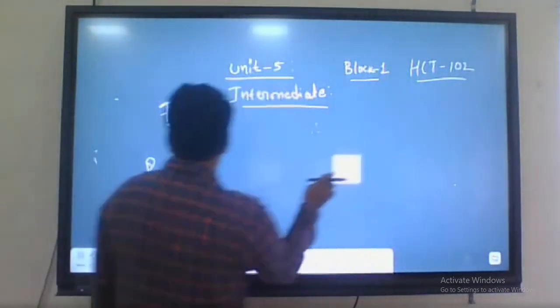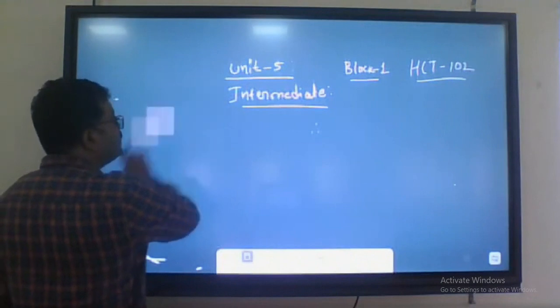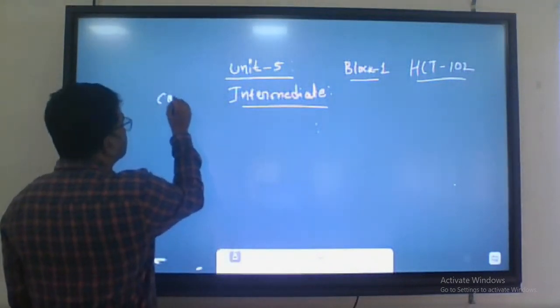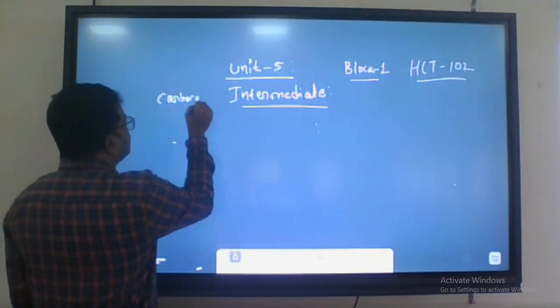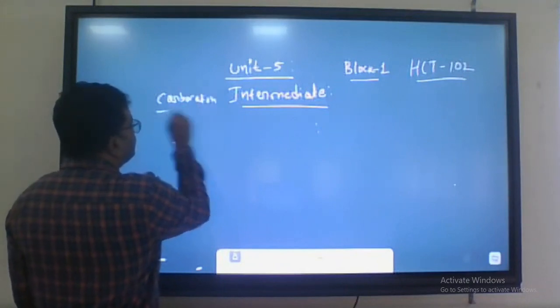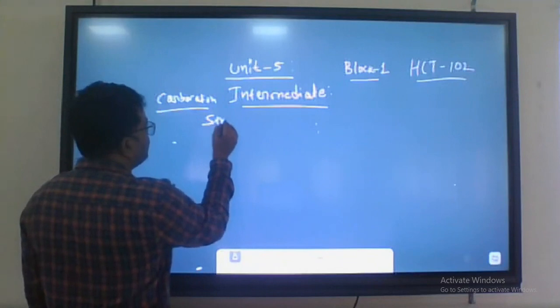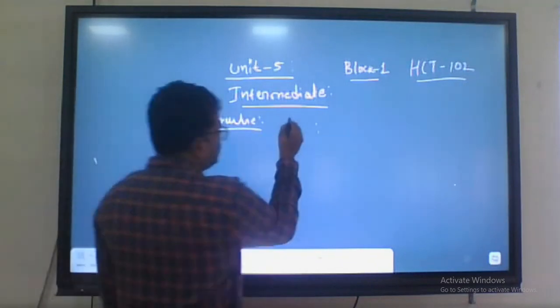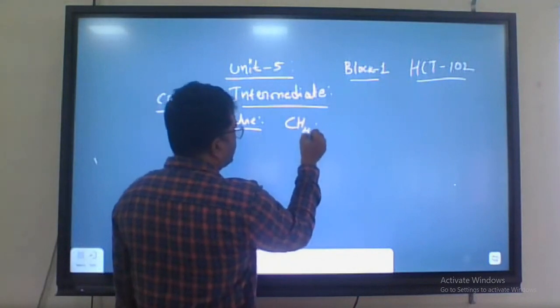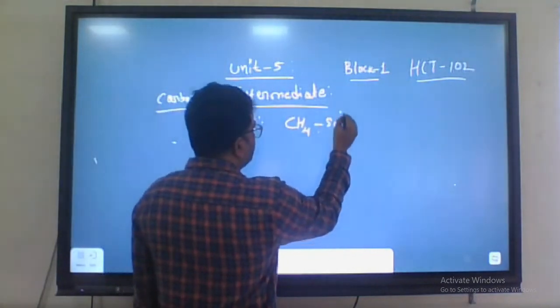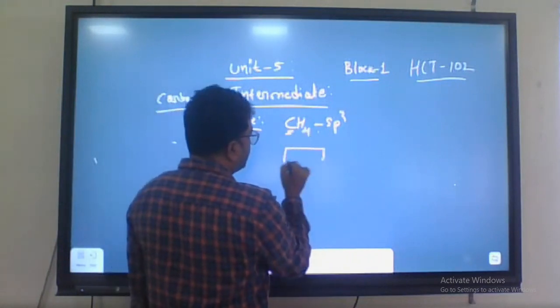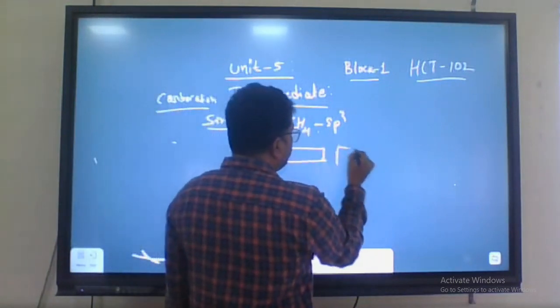Structure. So carbocation structure. So we know that the hybridization of CH4 is sp3. Draw the electronic configuration like this.